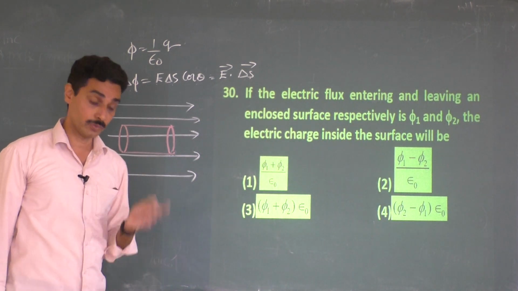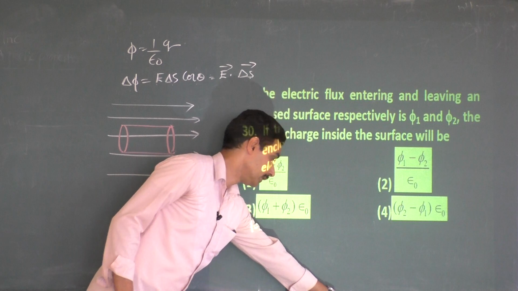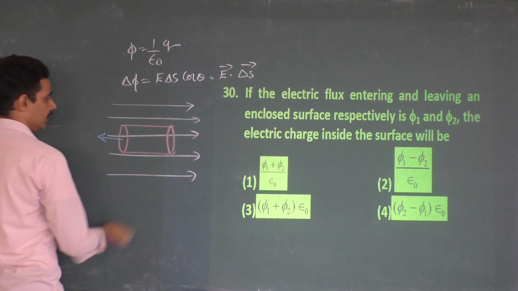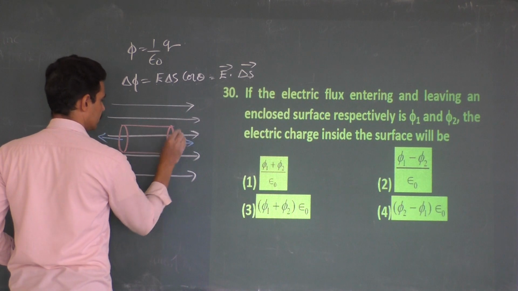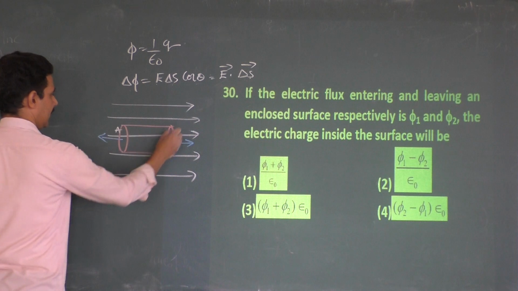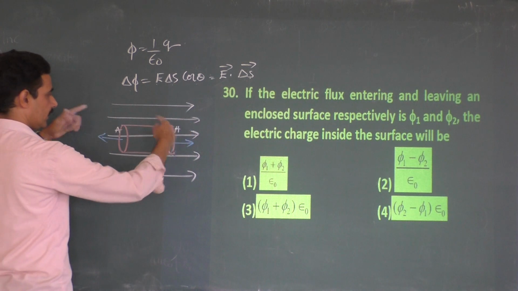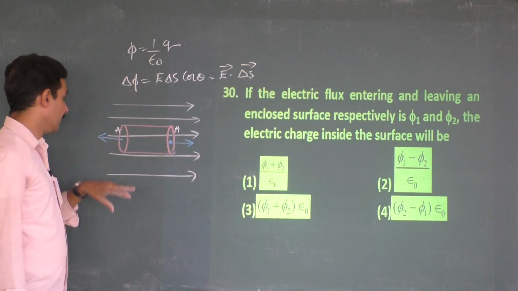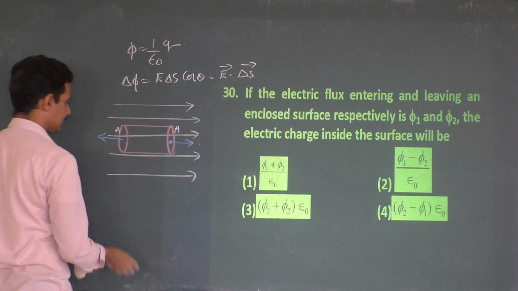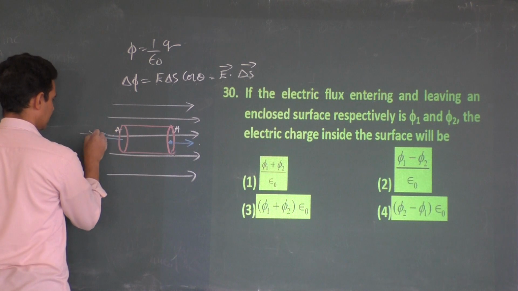What do you mean by outward moving normal? For example, here, this is the outward moving normal to the surface. Now if you write the flux, suppose the area of each of the two circular faces of the cylinder is A, then the outward moving normal is here like this, and like this. This is the direction of electric field, right?